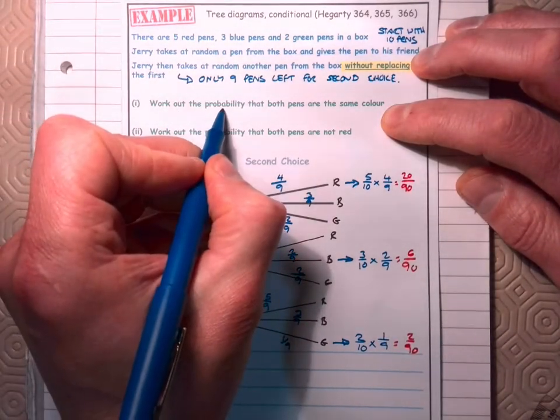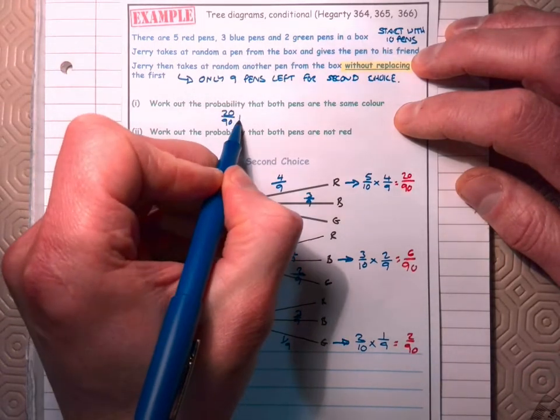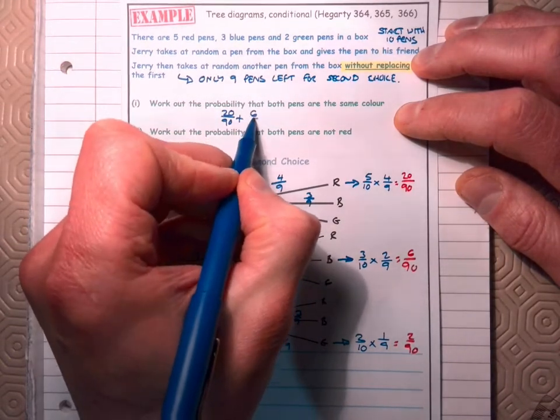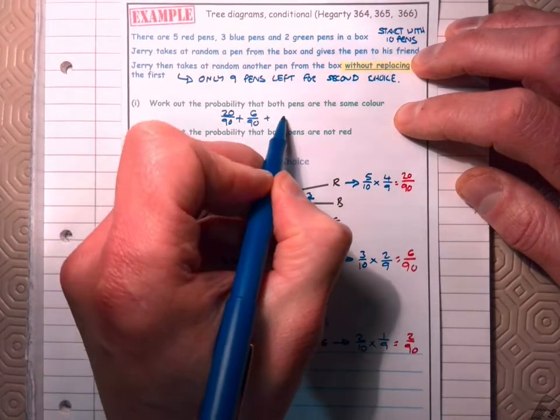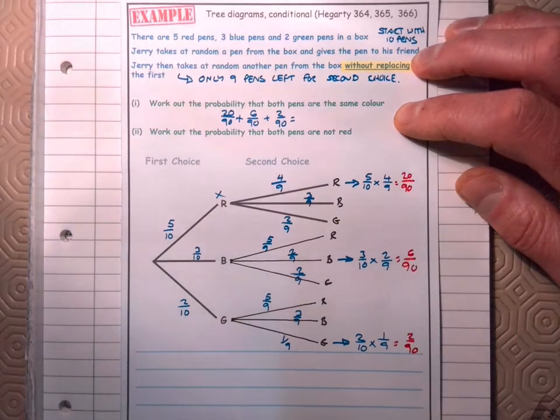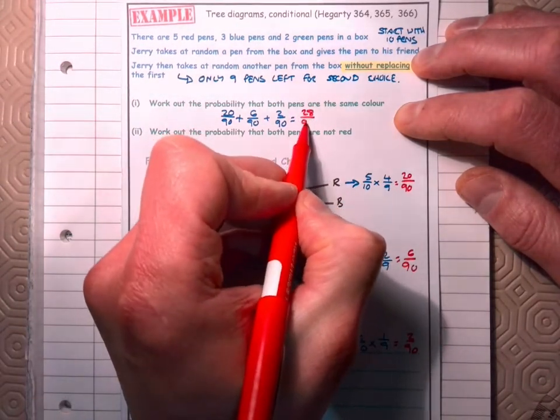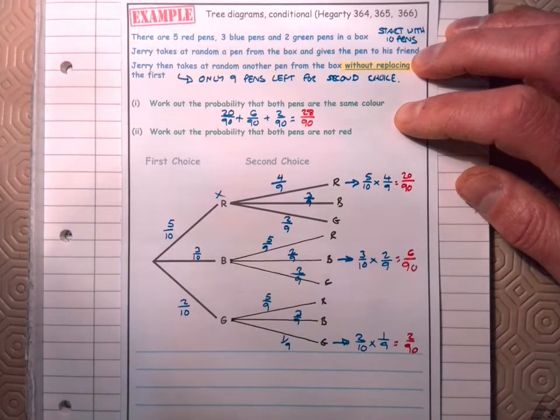The three things I'm interested in are 20 over 90, added to 6 over 90 and 2 over 90, which gives me 28 over 90. And for probability, we do not need to simplify that fraction.